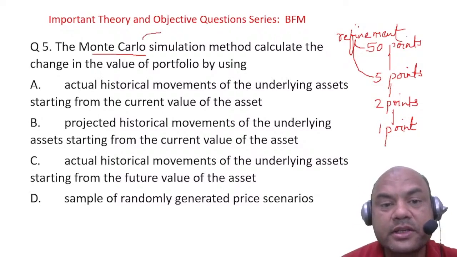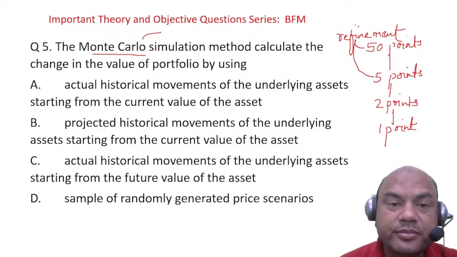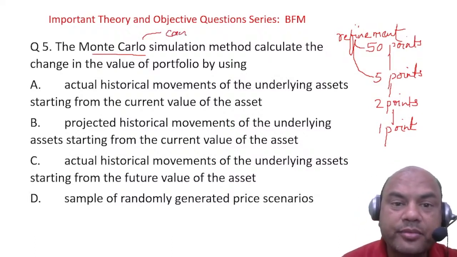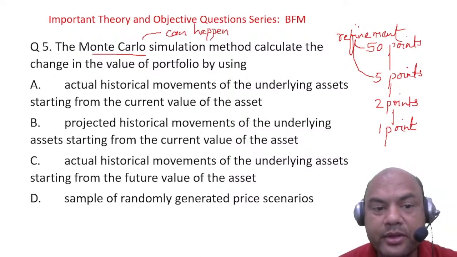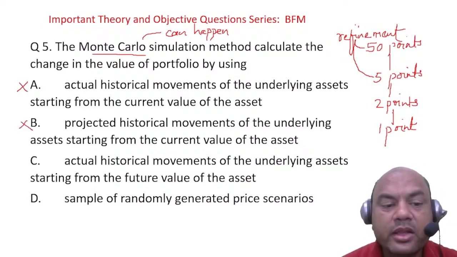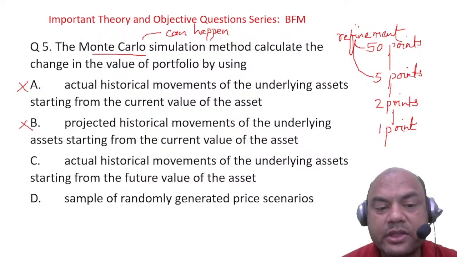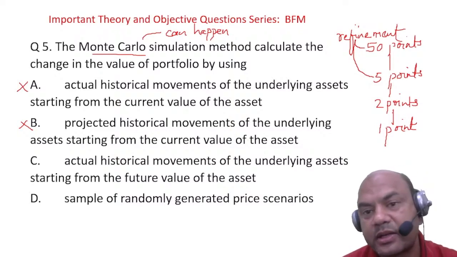This is futuristic. Now when I say can happen, this history goes off. History is of no use to me. Now the answer can be only this: actual historical movements of the underlying assets starting from the future value of the assets and sample of randomly generated price scenarios.